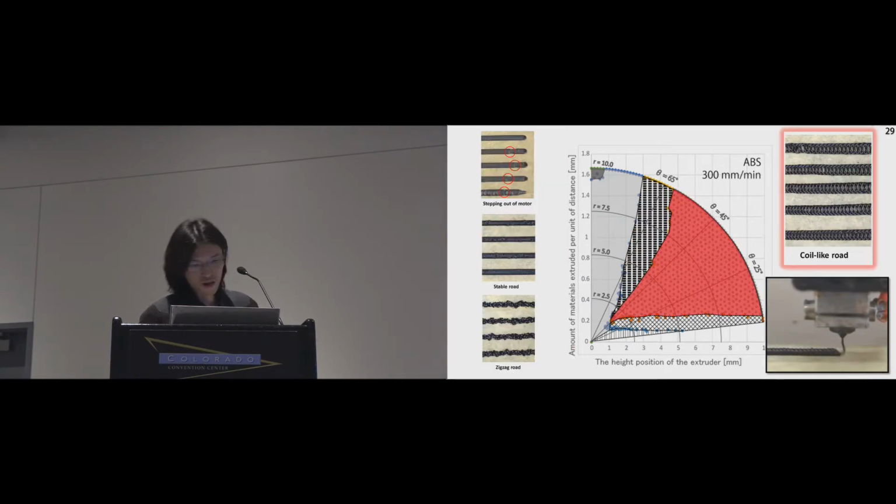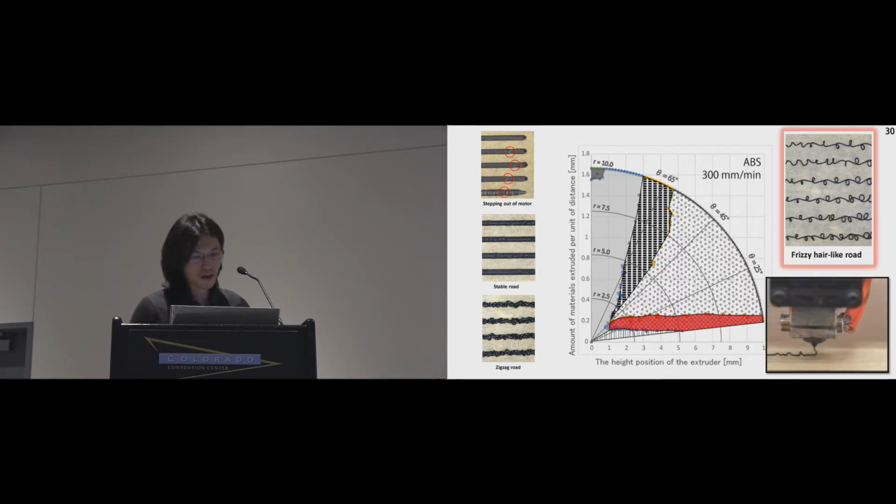Okay, on right side, coil-like load is printed by extruding materials from high position and material twisted on the platform before becoming stiff. And this widely spread out in the distribution. Okay, next, as the amount of material decreases, load becomes hair-like.